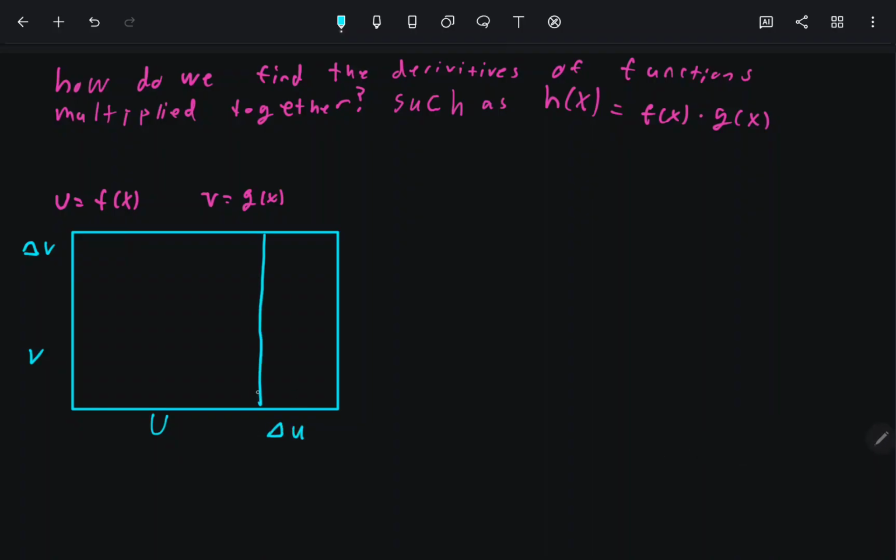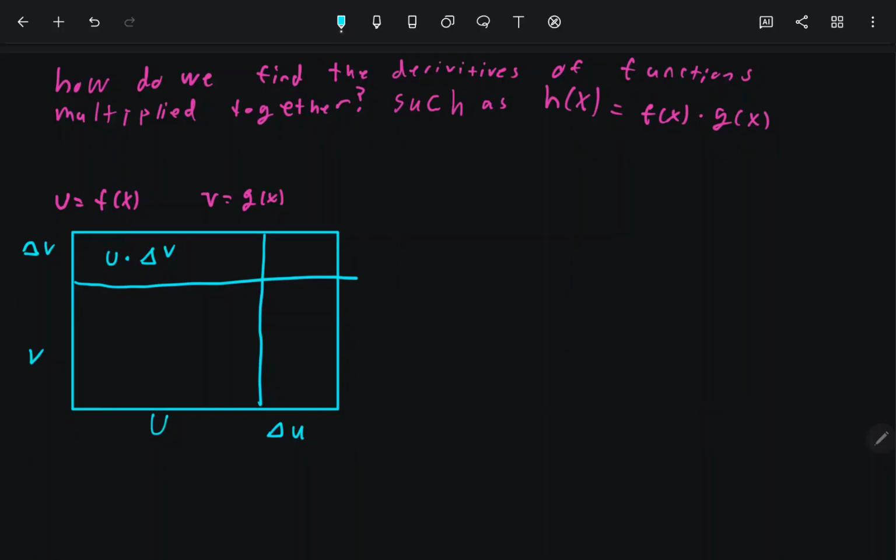Now we're going to make this into a little box. If we want to know how the function is changing, we get u times the change in v.